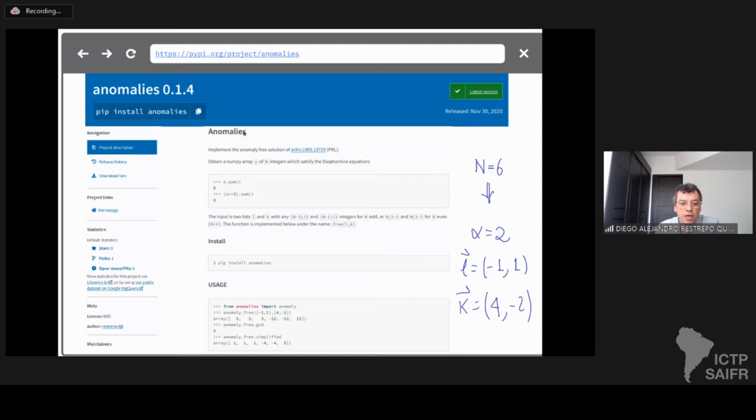Once installed, we can check, for example, one example with 6 integers, for which we can use this list of 2 integers, and this list of 2 other integers, 4 and -2, and use this function with the 2 sets of integers and obtain a non-trivial solution. After some simplification, this solution turns out to be just the standard one that I presented before.